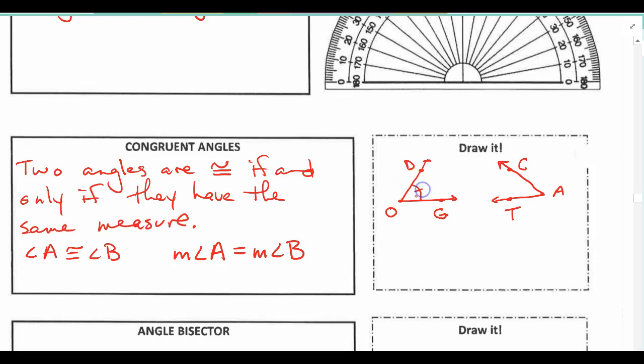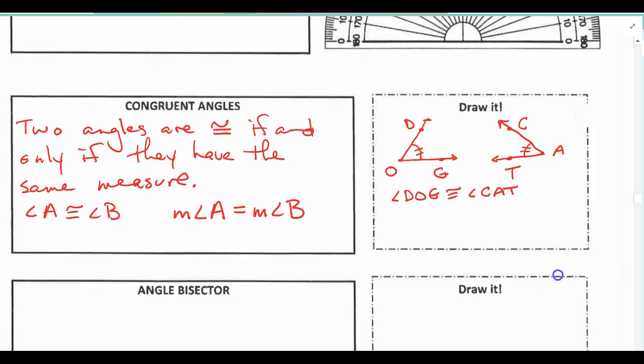We'll put a little arc in there, and you can use whatever lines you want. I just put two little tick marks there. In this case, we could say that angle DOG is congruent to angle CAT, and I know that based on the tick marks we put in there. Or sometimes you'll have the actual measures of the angles. So let's say they both said 40 degrees. You would know they're congruent. So that's one possible example for a pair of congruent angles.